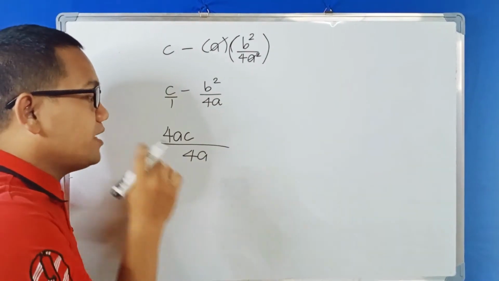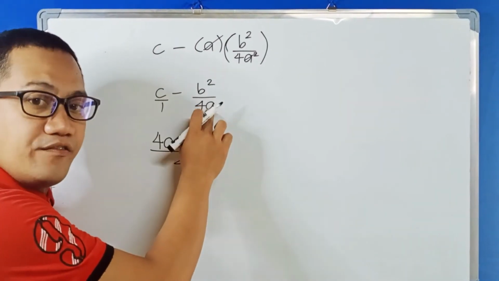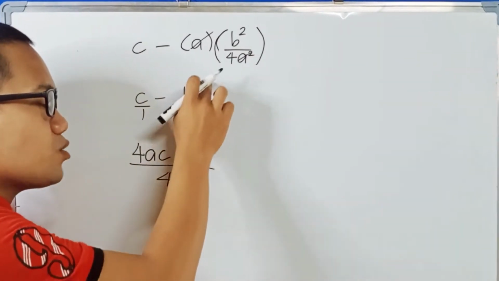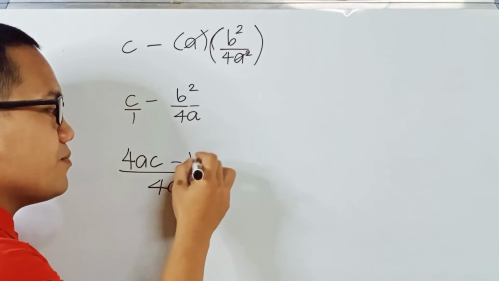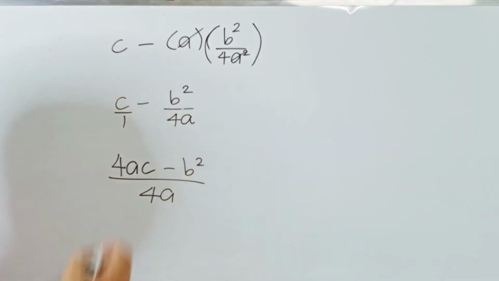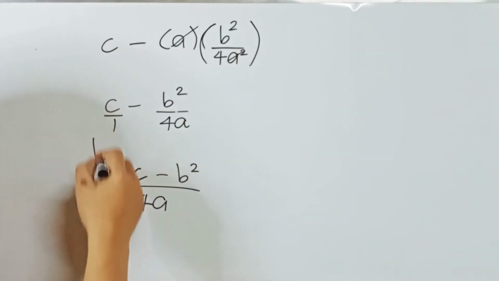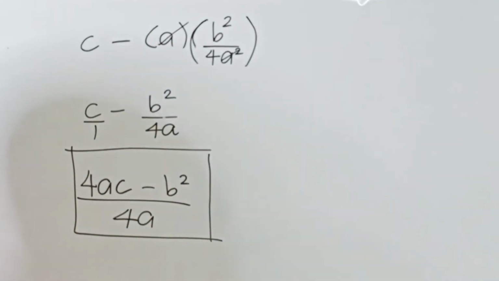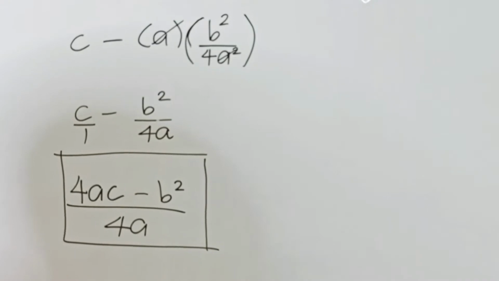While 4a divided by 4a is 1, 1 times negative b squared leads us to negative b squared. This means if we are to combine this expression, it can be simplified as (4ac - b²) all over 4a.